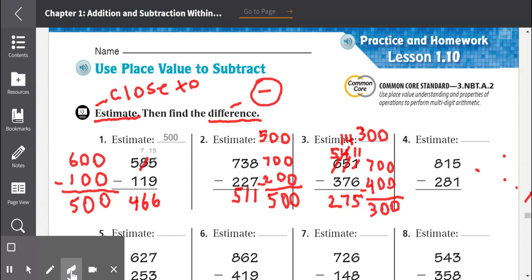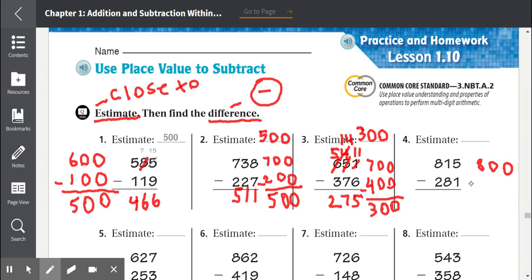Number 4. First we estimate, then we round. So we have 815. If we round it to the nearest hundred, it would be between 800 and 900. But 815 is closer to 800.